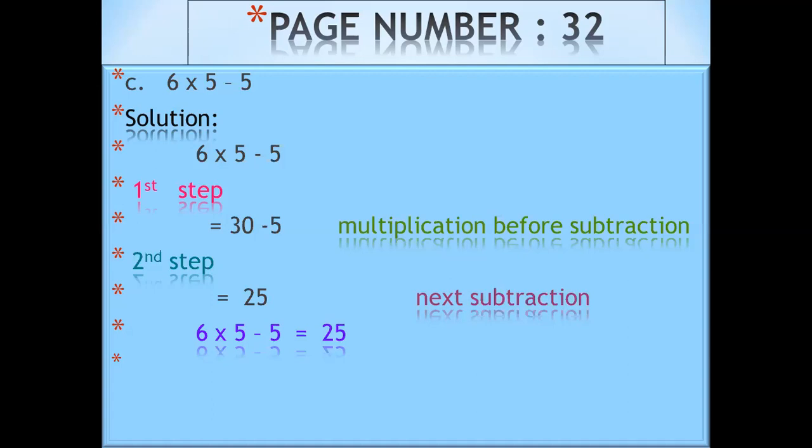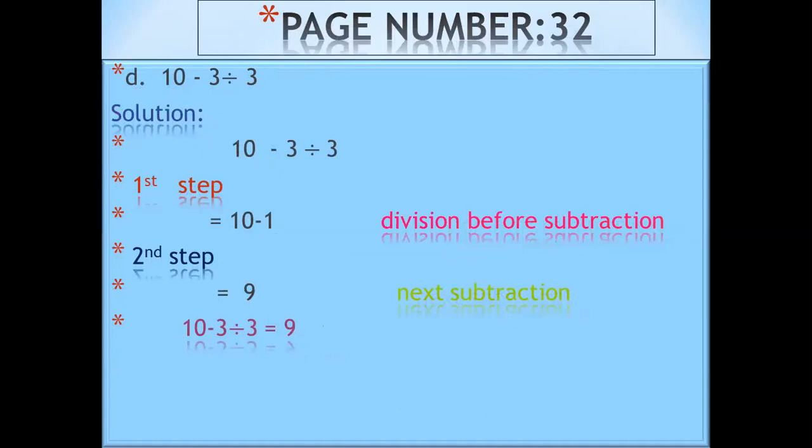Is it clear, students? Come to the next part, part D. In this, first subtraction is given and then division is given. But it doesn't mean that first we solve the subtraction and then we divide the numbers. We do it with DMAS rule, D, division, S, subtraction.